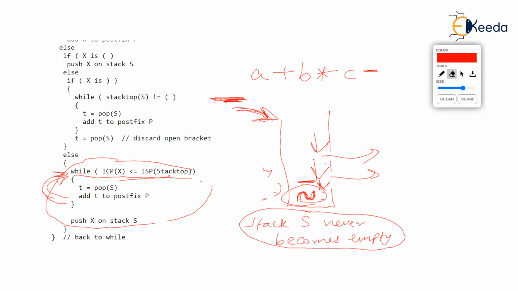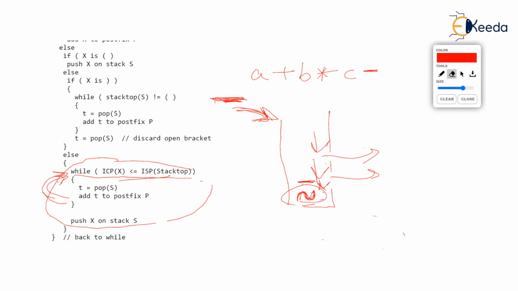Well, I remember several years back teaching this topic, one of the students argued on this point and said, "Sir, we can solve this problem of not making the stack empty without tilde also."